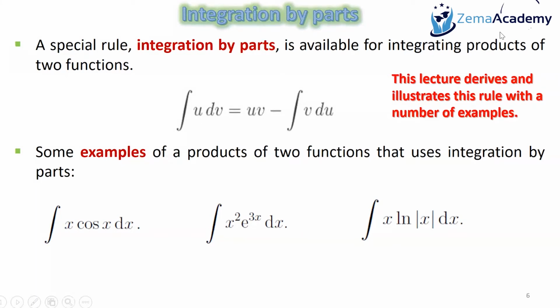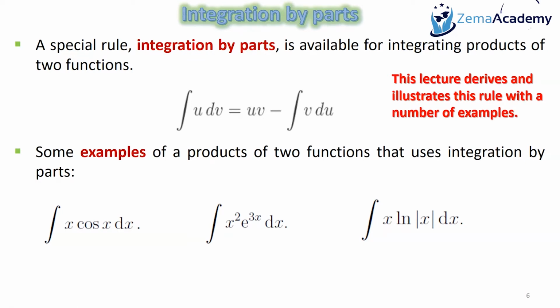What is the integration by parts formula? The integration by parts formula is over here on the screen. You can see integral u dv is equal to u v minus integral v du. Now, what is u, what is v, what is dv, and what is du?